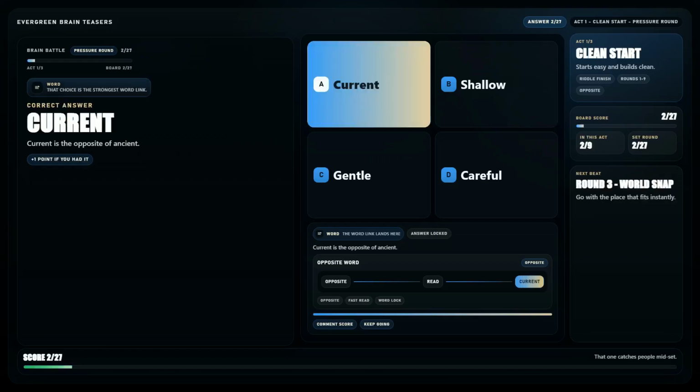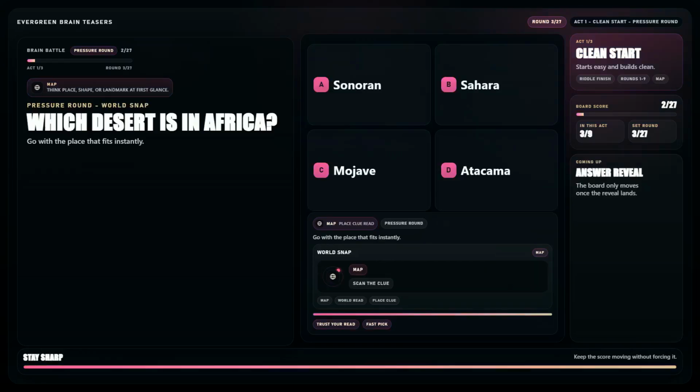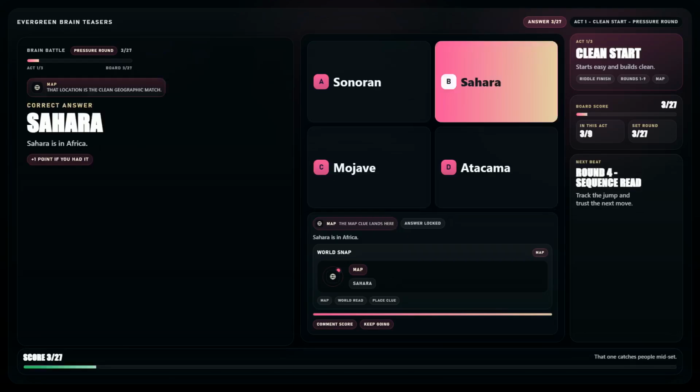Current. Map switch. Which desert is in Africa? Sahara.